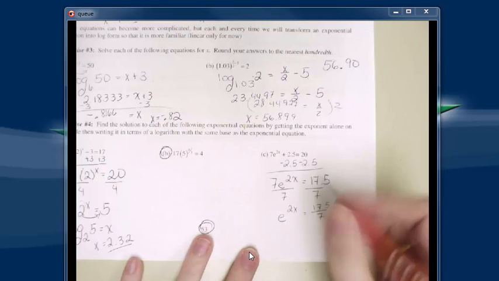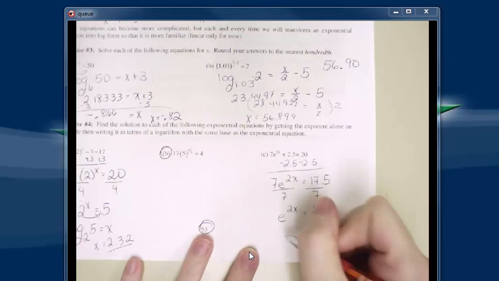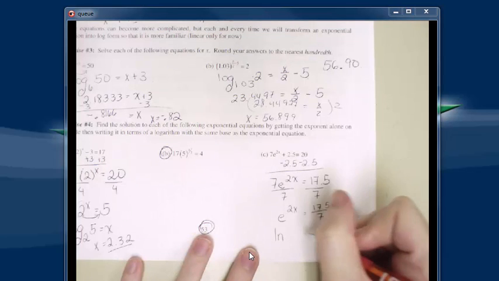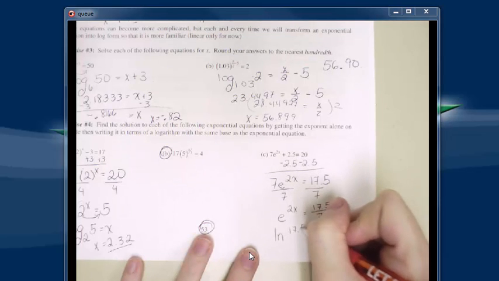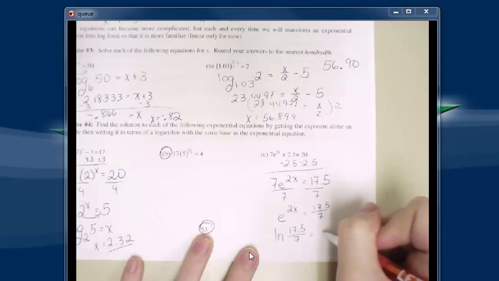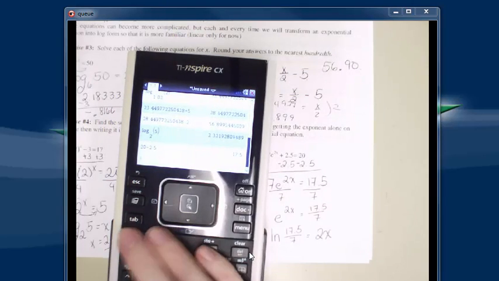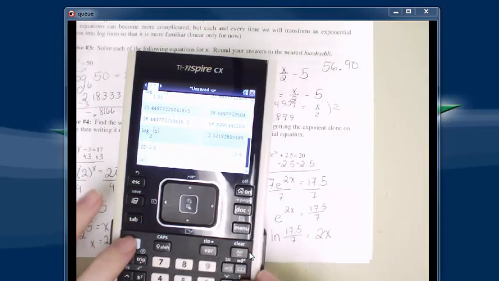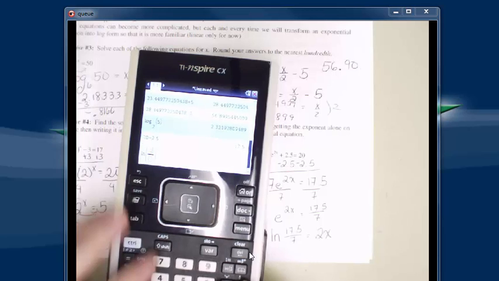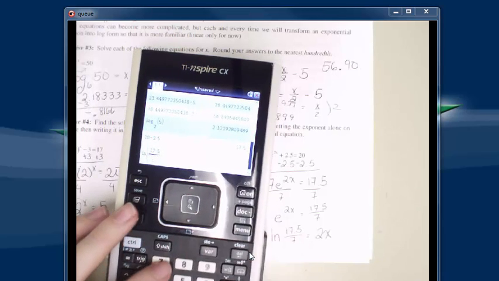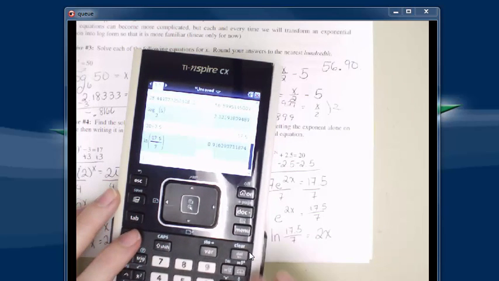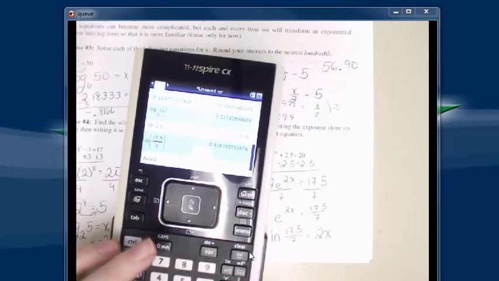Because the base is e, we could write log base e, or you can just write natural log of 17.5 over 7 equals 2x. Remember to use the natural log button, which is above the e. Make a fraction here, 17.5 over 7, and then lastly divide by 2.